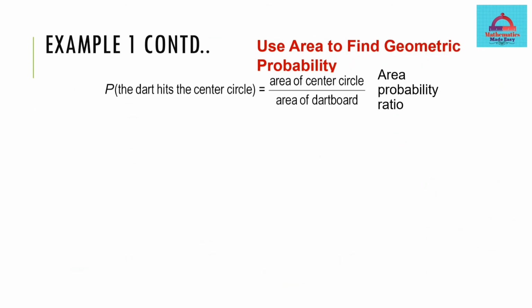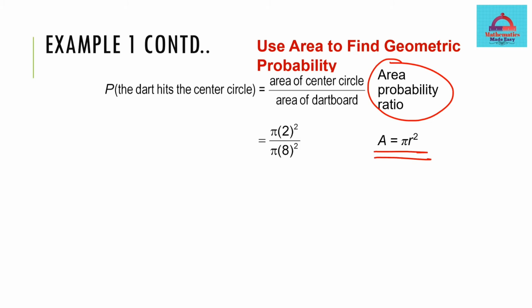The probability, the area ratio that we have to take, that the dart hits the center circle, is going to be the area of the center circle divided by the area of the whole dartboard or the biggest circle. This is the area probability ratio, and we know the radius is 2 and 8 respectively for the smallest and the biggest circle. The area of a circle is pi r squared, so we will just put in the values: pi times 2 squared, divided by pi times 8 squared.